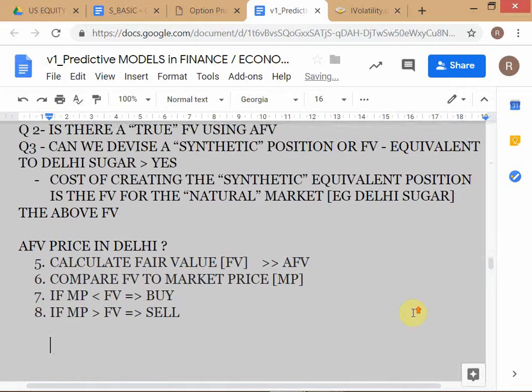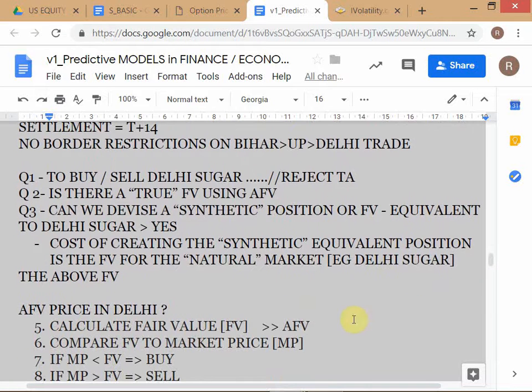It may sound a little complicated because I'm using complicated language, but there is certain lingo in finance that you have to be familiar with. The language has to be used in the correct way, with words like synthetic equivalent. When you're talking to people in the financial markets, you can't just use whatever term you want.